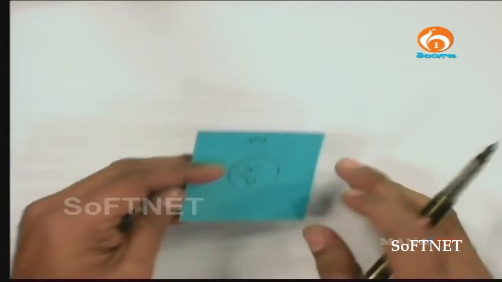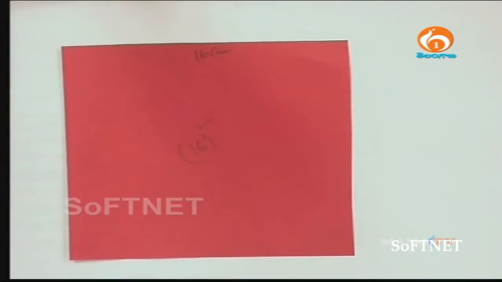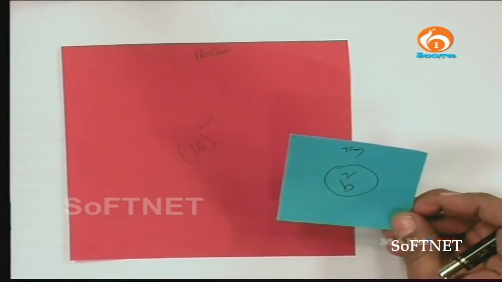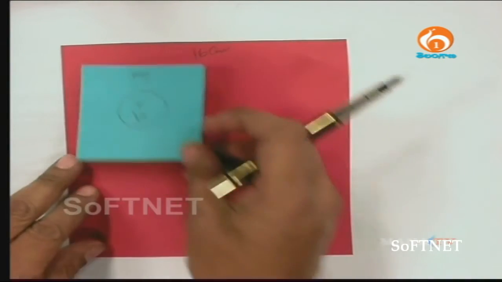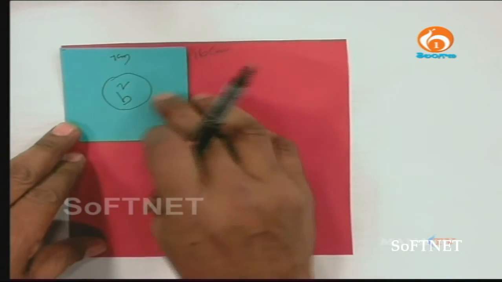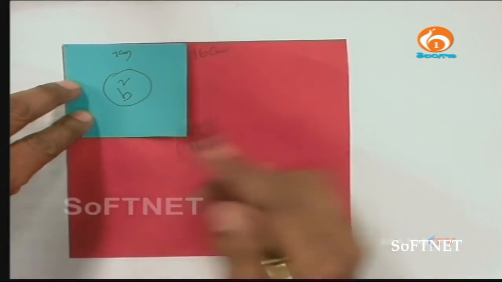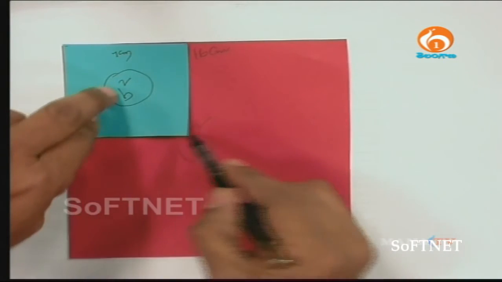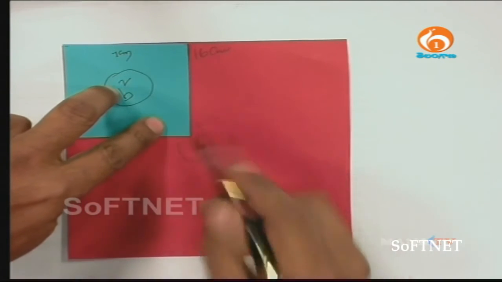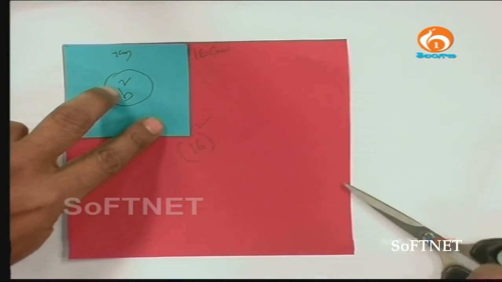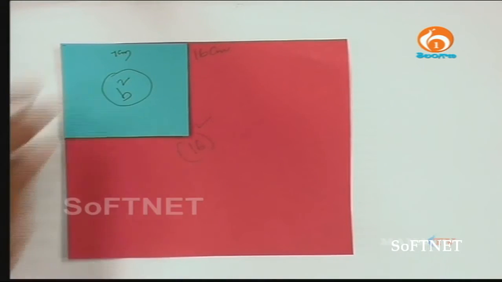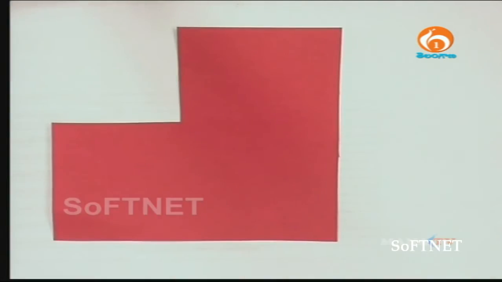Now I am once again taking the first square, and I am taking the second square. I want to place it at one of the corners of the first square. Then I will draw the lines and cut it using scissors.